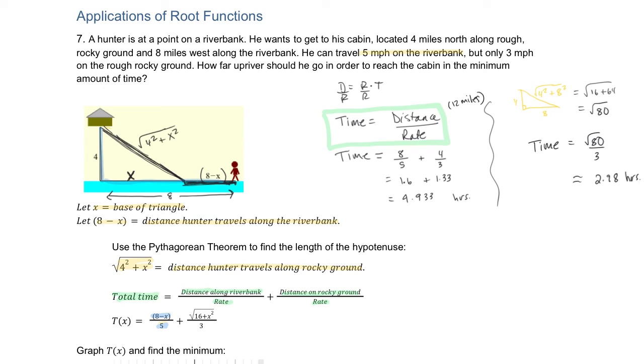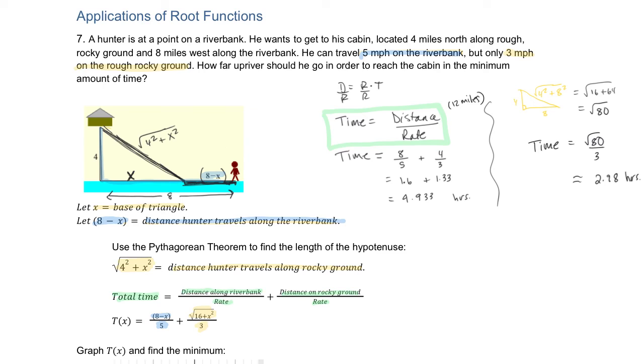Now for his rocky ground, that is the square root of 4 squared plus x squared, so the square root of 16 plus x squared. But he can only travel 3 miles per hour on that rocky ground. So there's our equation for the total time that it takes.